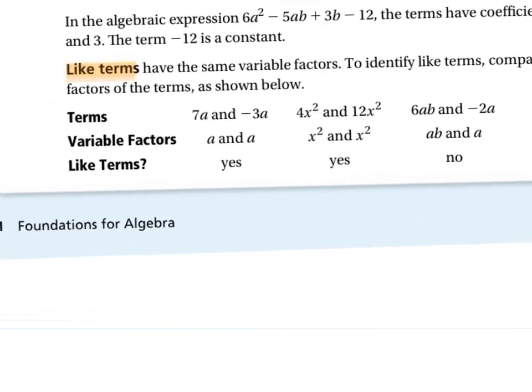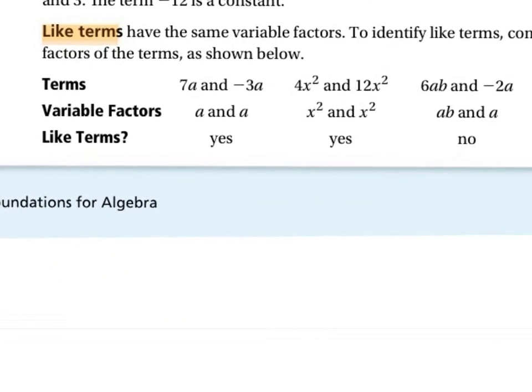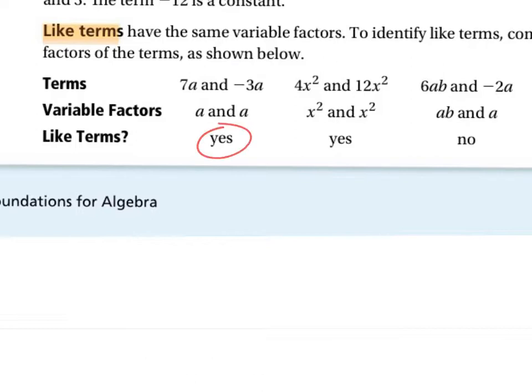At the very bottom of the page, it talks about some different examples about terms, variables, and whether these are like terms or not. 7a and negative 3a, the variables are both a, and so these are like terms. 4x squared, 12x squared, the variable parts are both x squared, so these are like terms. 6ab, negative 2a, we have an ab and we have an a.